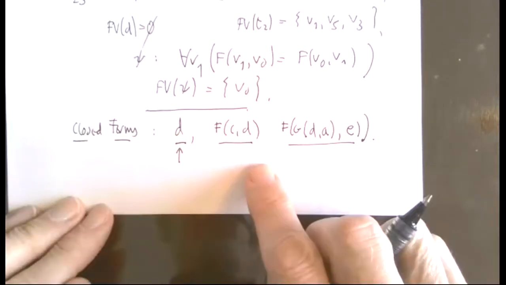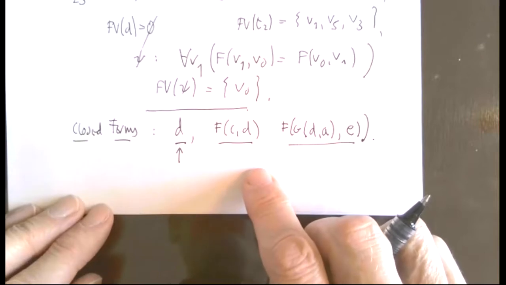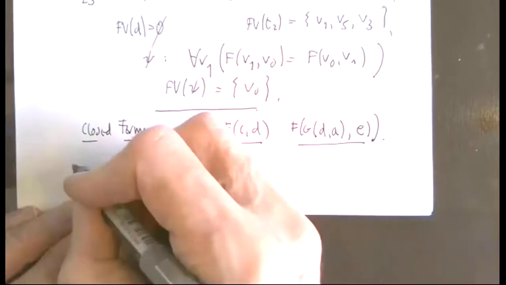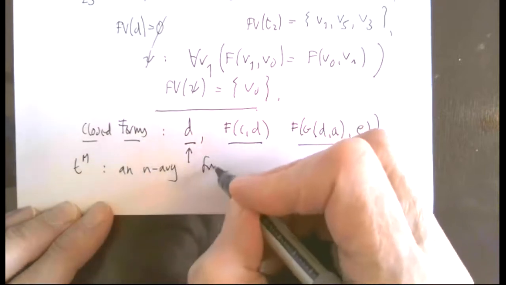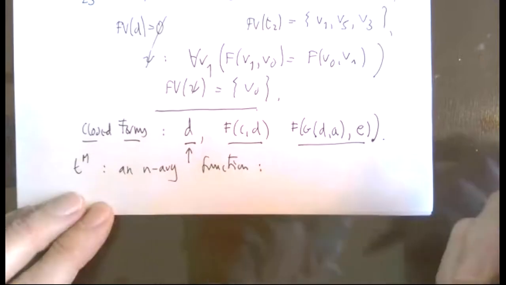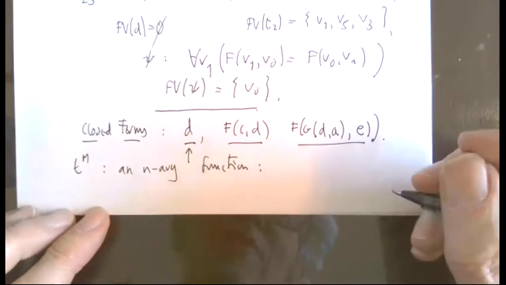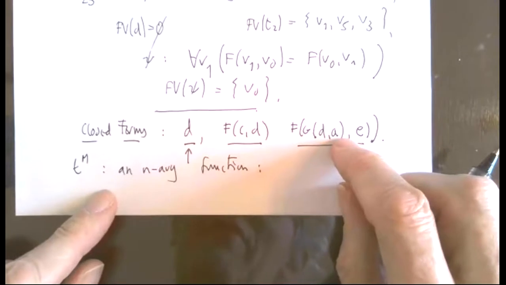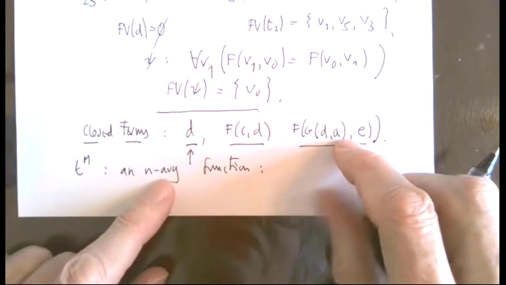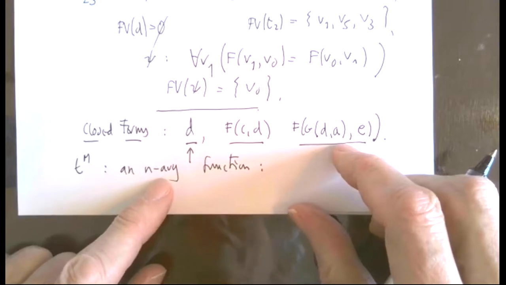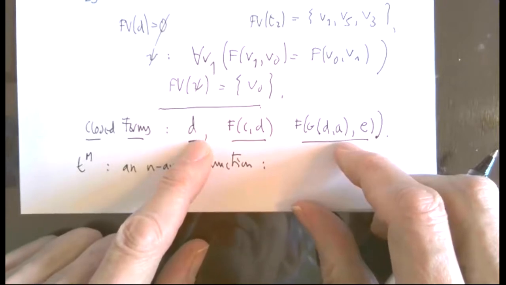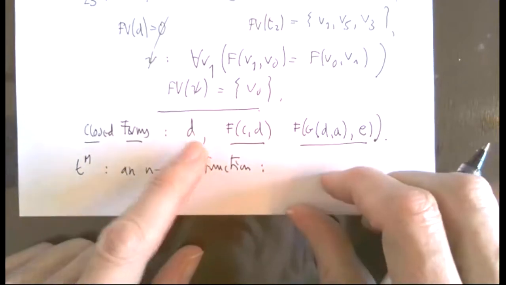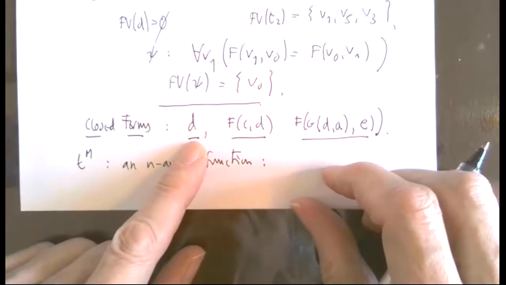But because Charles wanted to have interpretations where the interpretation of a term might be any K-ary function, in this particular case he wants to define n-ary functions from this. If you look at his definition, the n-ary function which interprets D here is just the constant function that gives you the interpretation of D, right?